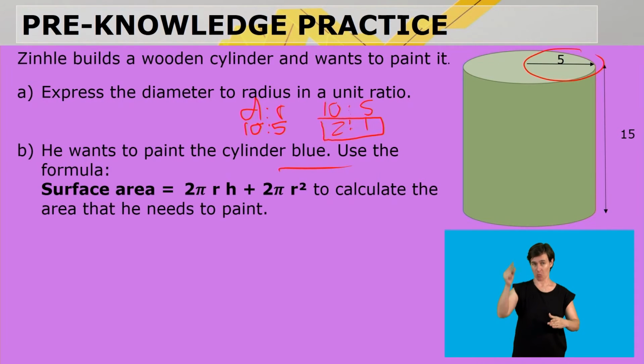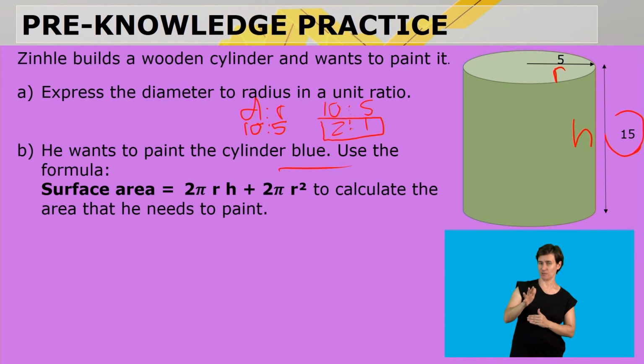He wants to paint the cylinder blue. Use the formula surface area is 2 pi radius times the height and 2 pi radius squared. So remember, this is then going to be your height and the 5 is your radius. So now we are going to substitute, and then pi is always 3,142.